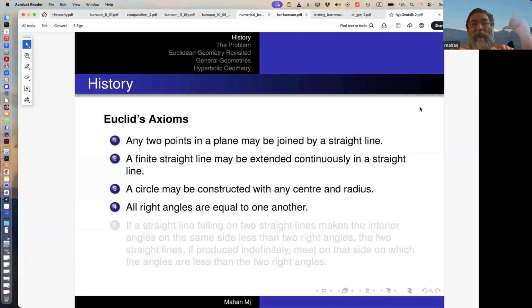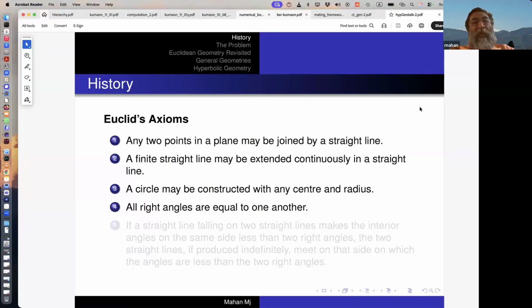This is the meaning of the statement that all right angles are equal. So a right angle depends on two pieces of data: a bi-infinite straight line, and a point on that straight line. These are choices you make. The fourth axiom says that the angle that you get is independent of these choices.